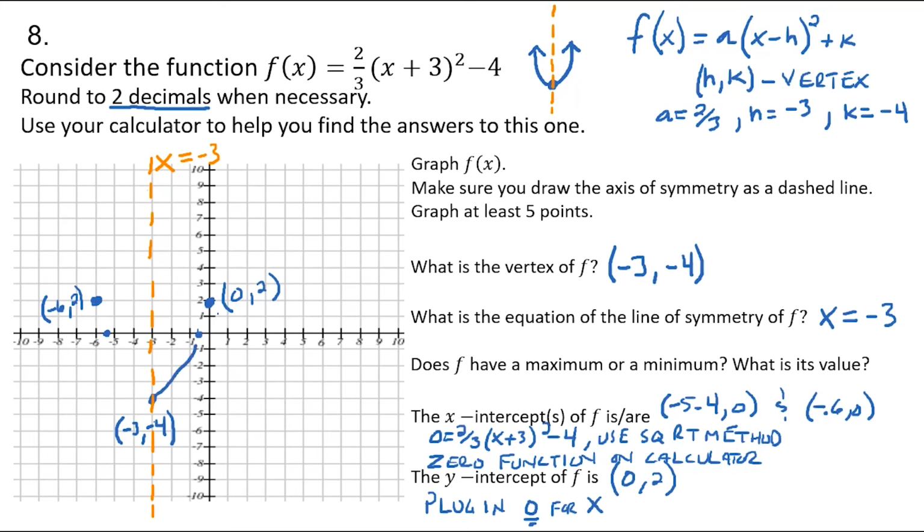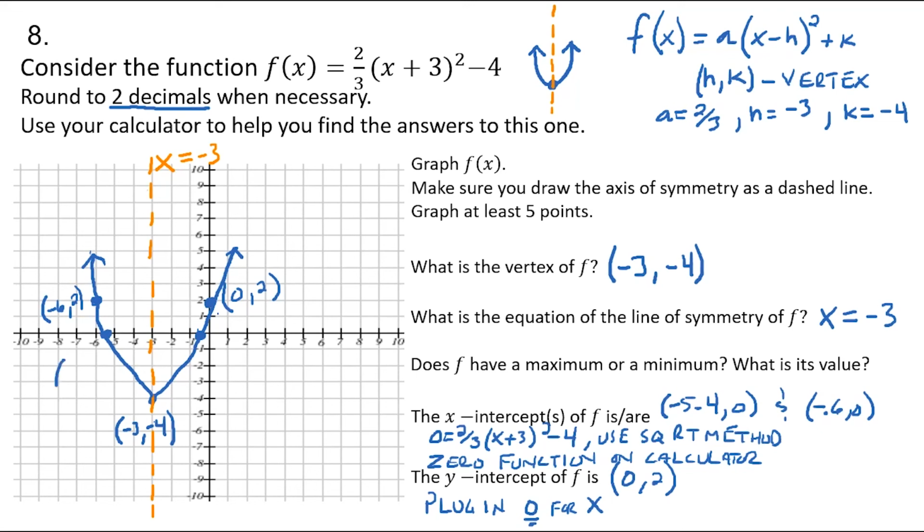I'll do this side here first, something like this. Alright, let me try this side. Something like this. Alright, so there's our graph, and actually let me go ahead and label these points.